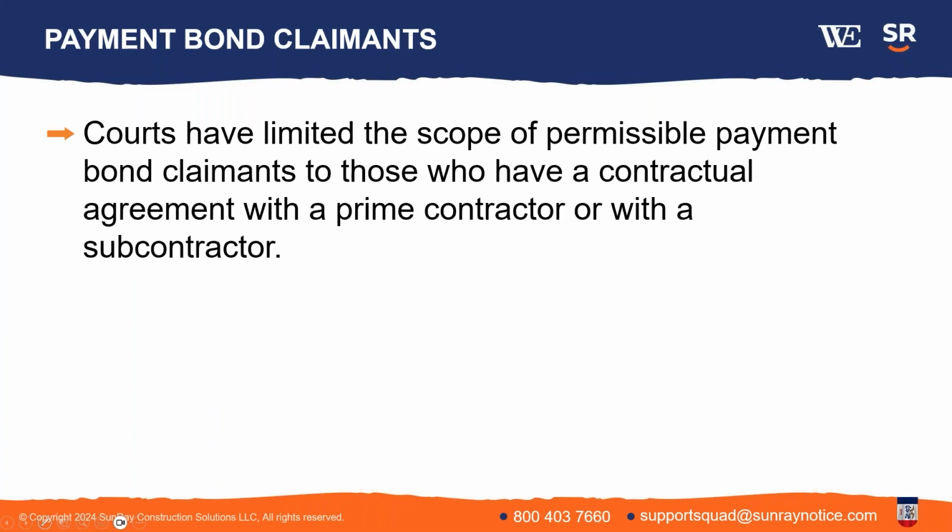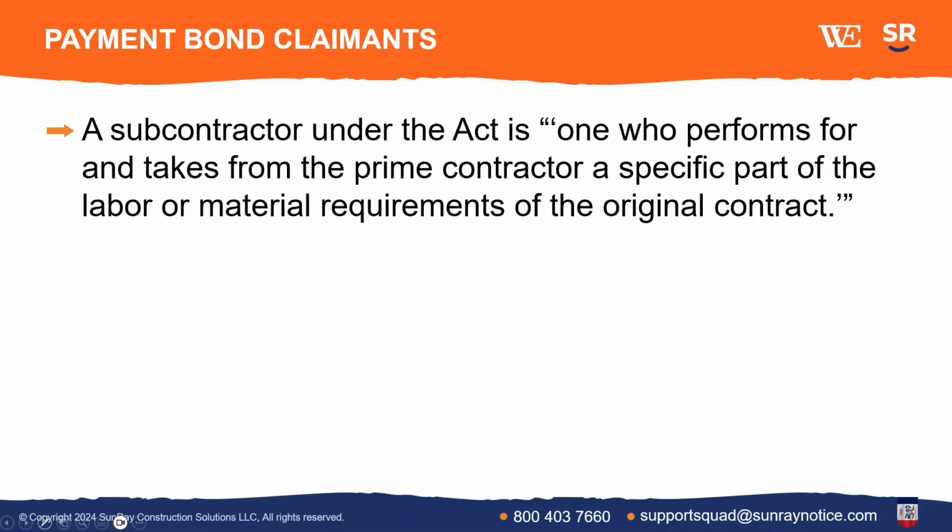Now, the courts have limited the scope of permissible payment bond claimants. Essentially, you have to have a contract with the prime contractor or with a subcontractor. Go to the next slide. And that raises the issue of what is a subcontractor, and that can get complicated.